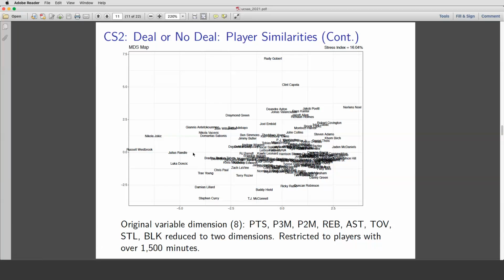So it's hard to say exactly what this is, other than like a scale of difference. So someone like Russell Westbrook is going to have very high numbers in probably a lot of these categories. So he gets assigned this coordinate versus like a Jimmy Butler, and you try to use this to say these two guys are this different relative to another two guys. So you got to be a little careful with the interpretation here.